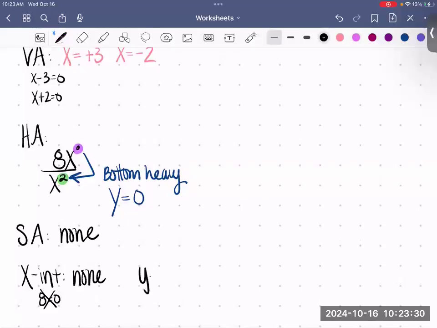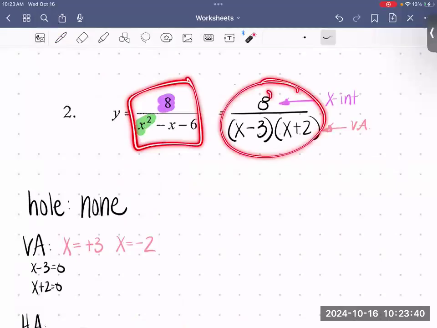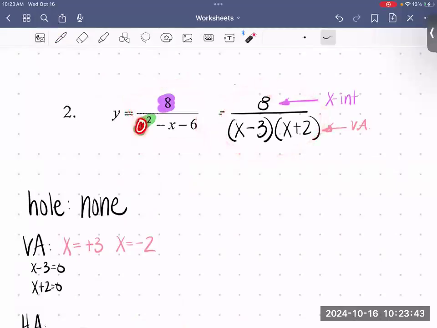Let's take a look at your y-intercept. For the y-intercept, we go ahead and plug a 0 in for your x values, whether that is from the original right here or the simplified. If we do it in the original, we're just plugging in a 0 here. So we get 8 over, plugging a 0 in, -3 times a +2, which will make that -6.